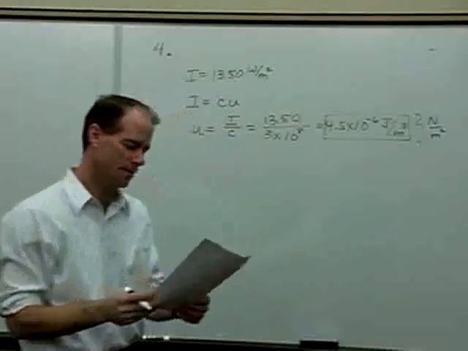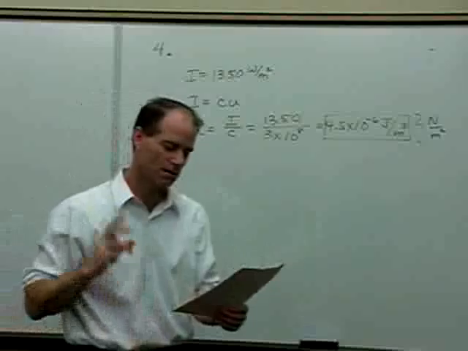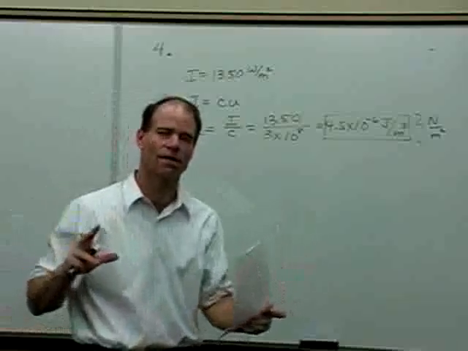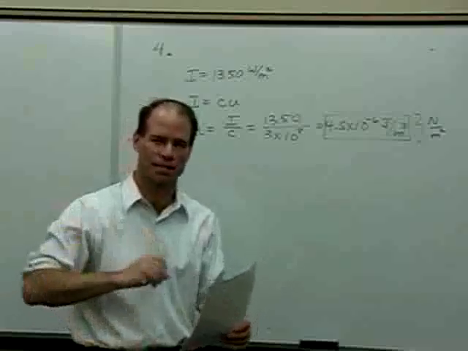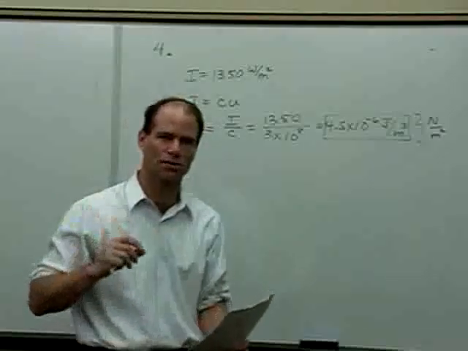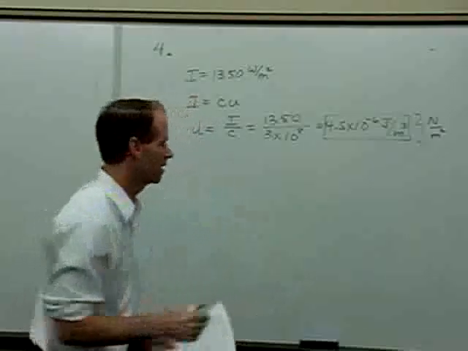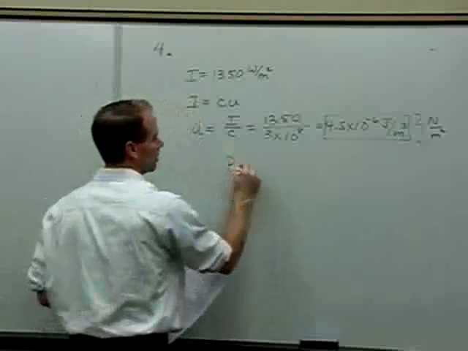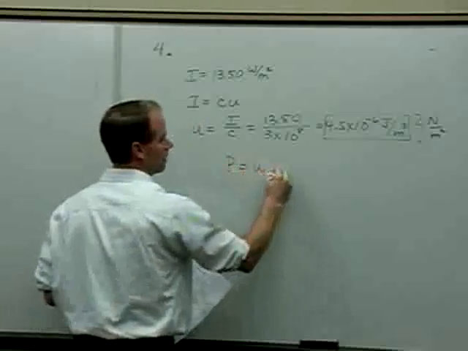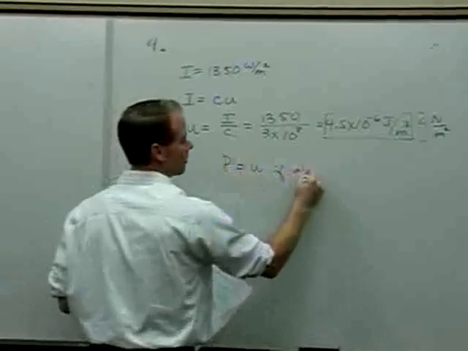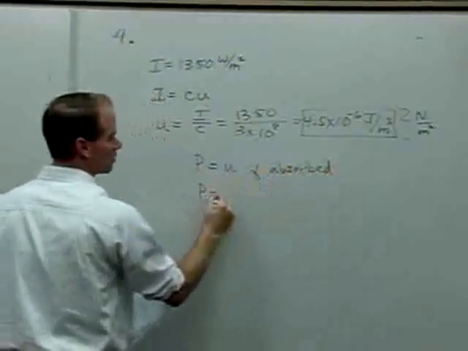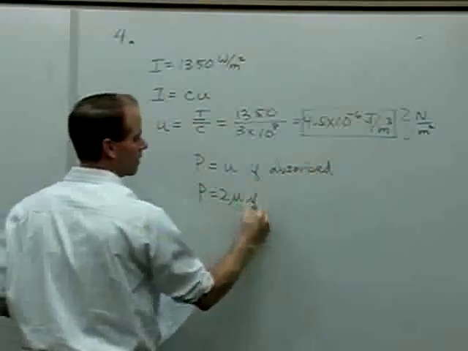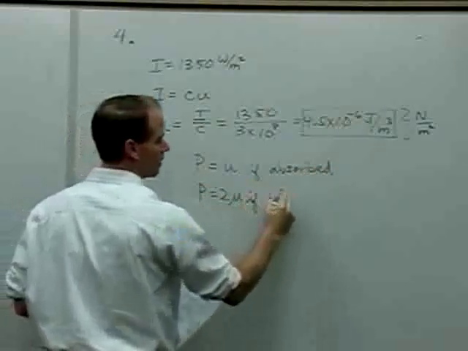In particular, if the surface is absorbing, then the pressure will equal the energy density. And if the surface is reflecting, as in this case, the pressure will equal twice the energy density. So pressure equals energy density if absorbed completely, and pressure equals twice the energy density if totally reflected.